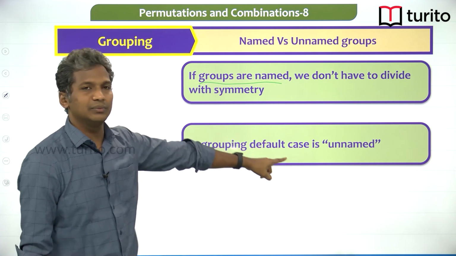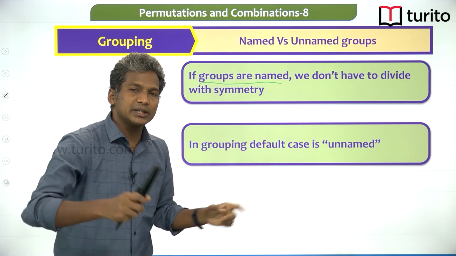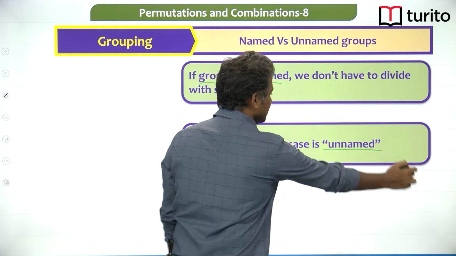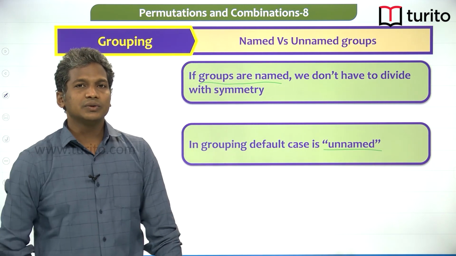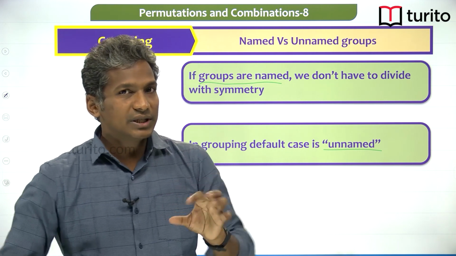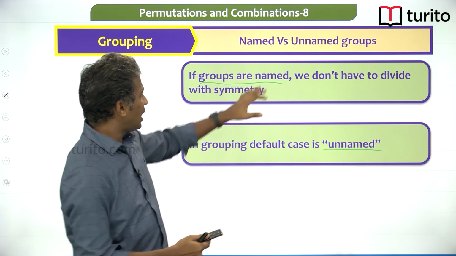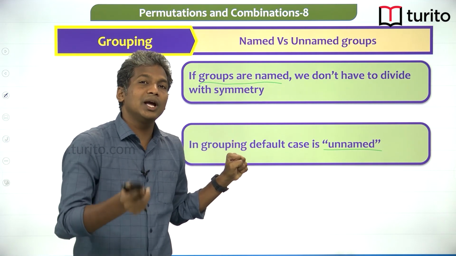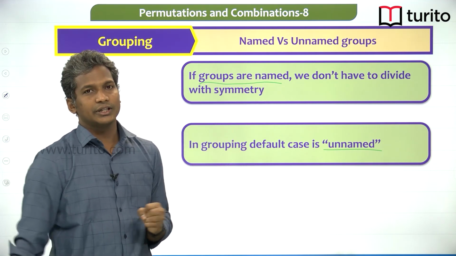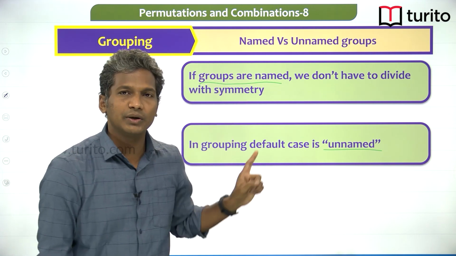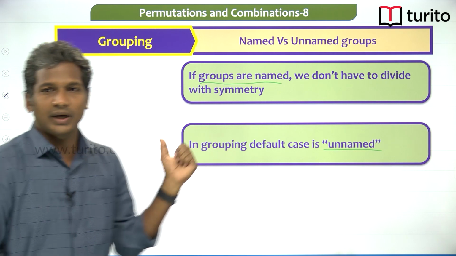Default case is unnamed groups. So if nothing is mentioned, you have to assume that it is an unnamed group and you have to divide with symmetry. This way your confusions will be cleared whenever you are solving the problems. I took up this discussion only to help you while solving the questions. Whenever you encounter any such words in the question, remember what I told here. Come on, make a note of this.